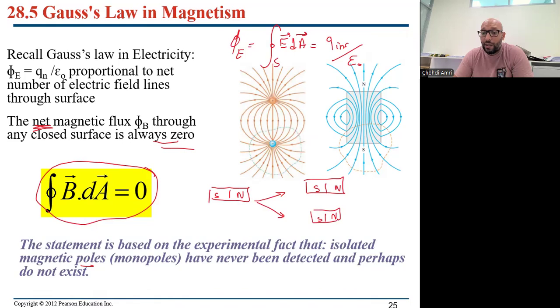So we can say that the monopole does not exist, has never been detected, or maybe it does not exist. And this is the result of Gauss's law for magnetism: the integration through a closed surface of B dA equals 0. The magnetic flux is always 0.